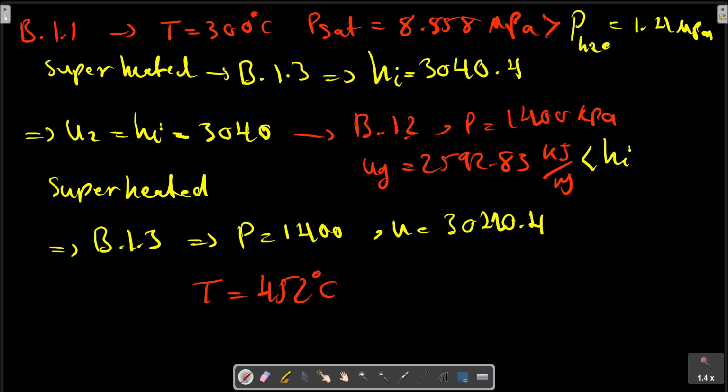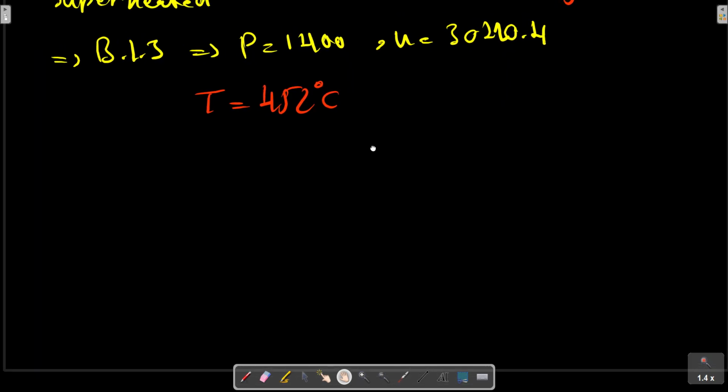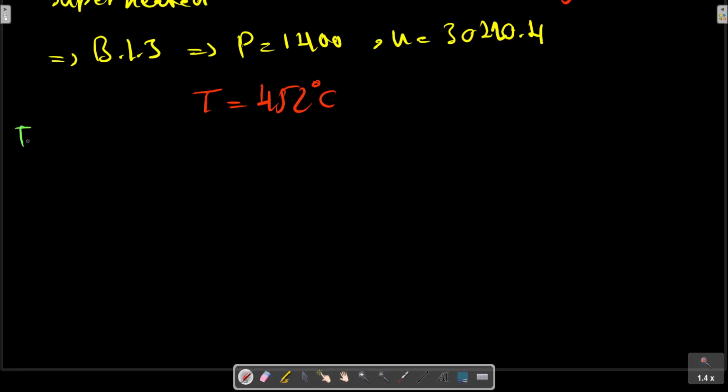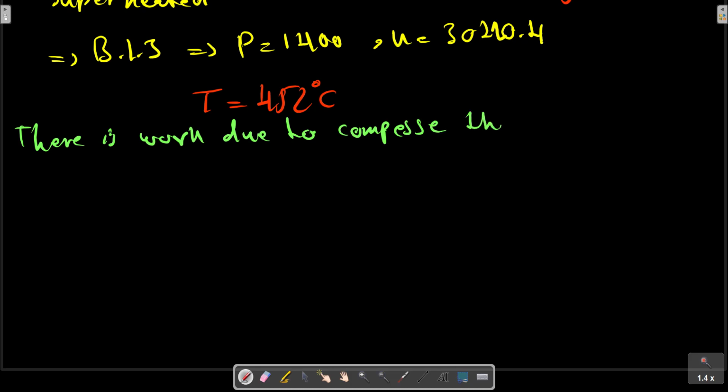The amount of this work is due to compressing the gas.